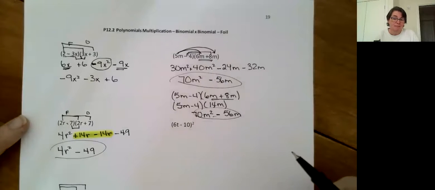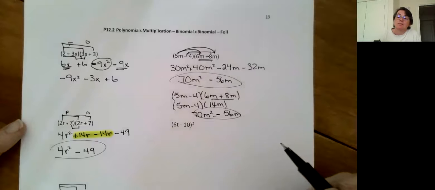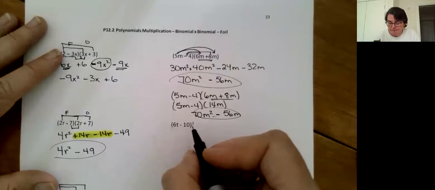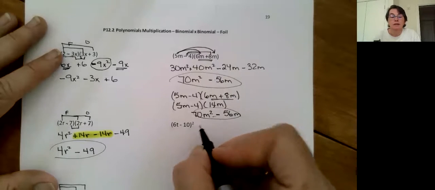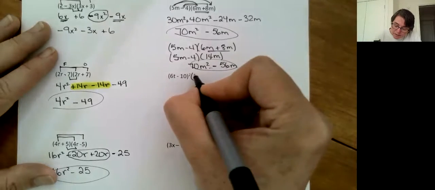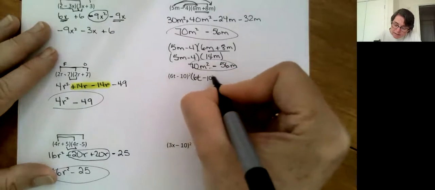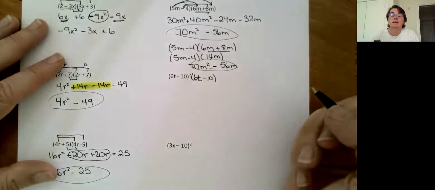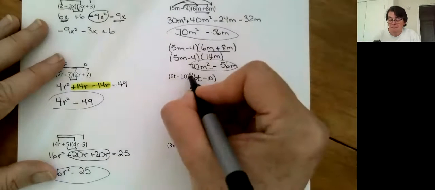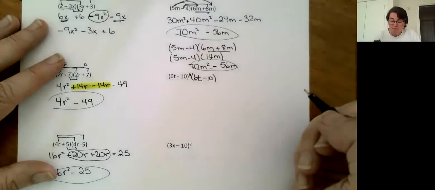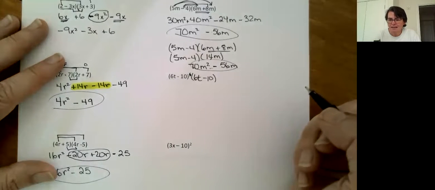Sometimes, if it's my assignment, I'm just going to slip in some tricky ones just to see if I catch you. 6t minus 10 squared. Don't overthink it. That just means I'm going to go over here and write 6t minus 10 times 6t minus 10, and now I FOIL. It's just a different way of writing it. Are we going to be able to cause them to panic? Nah, not you.